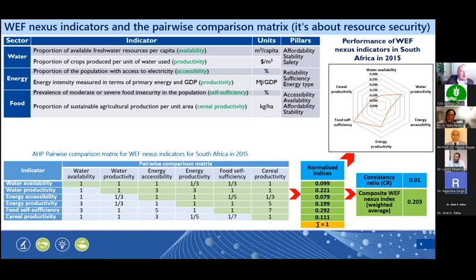So for South Africa, for example, with the spider graph you can relate the security of those resources, those indicators. You can see in the spider diagram that it's deformed, which means it's an imbalanced economy.